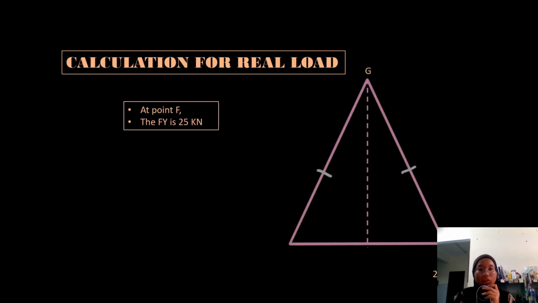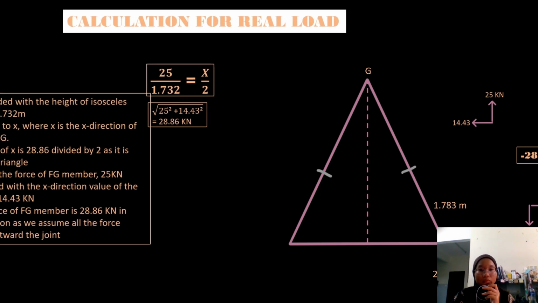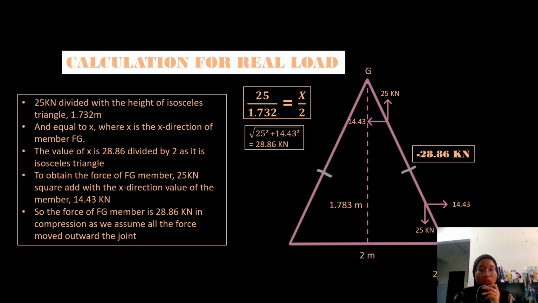From the free body diagram earlier, at point F, the Fy is 25 kN upward. Calculation for real load: 25 kN divided by the height of the isosceles triangle, which is 1.732 meters, N is equal to x, where x is the direction of x.